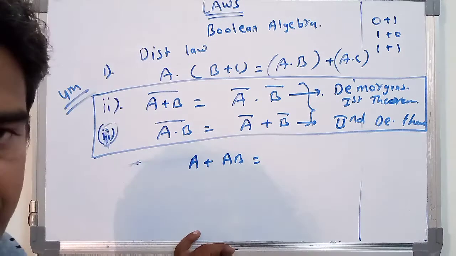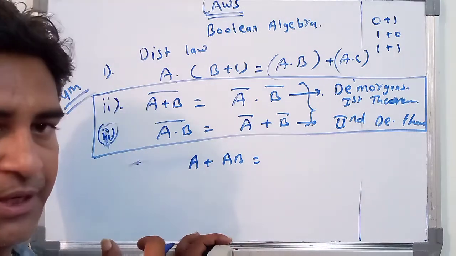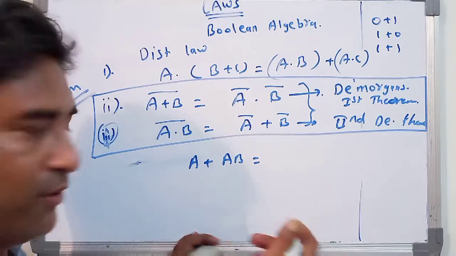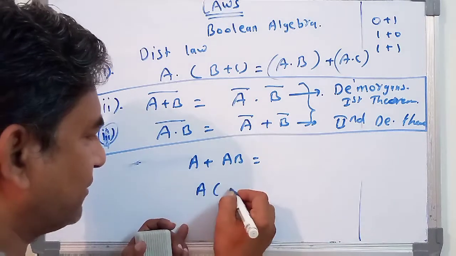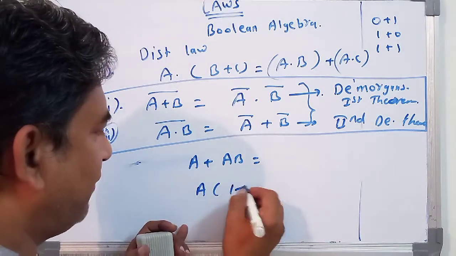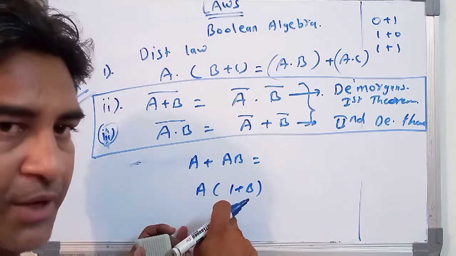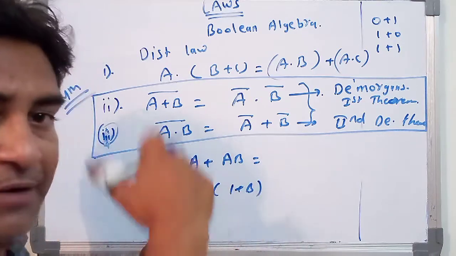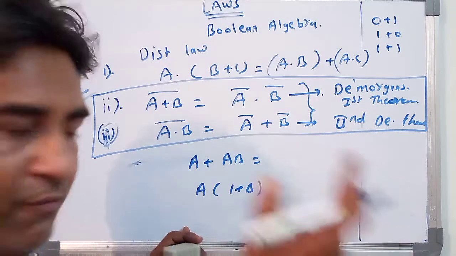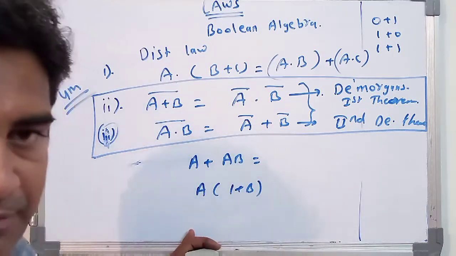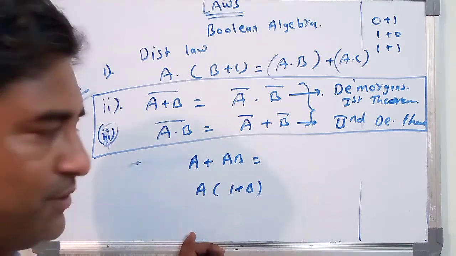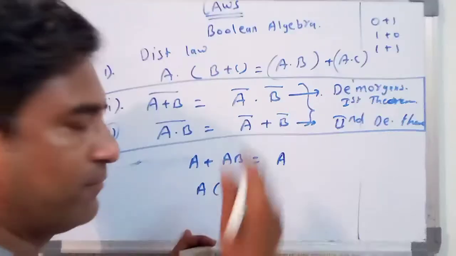By inserting that particular value, what is the common thing you are getting out? 1 plus b. Here you have put like this, and according to the identity laws, 1 plus b is nothing but 1, and since you obtain the value as a.